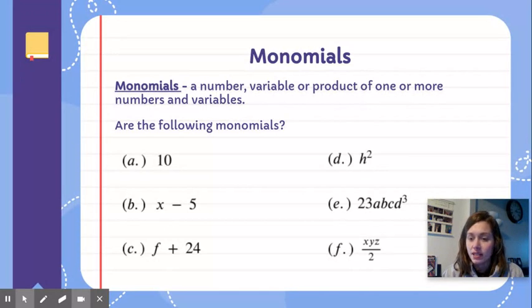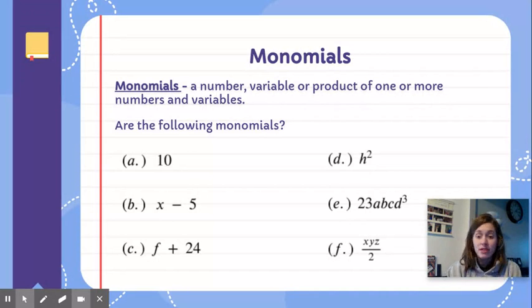If we see addition or subtraction, that's where we no longer have a monomial. It's the addition and subtraction that breaks our monomials apart. And that's where we end up with a polynomial, many monomials. Okay, so we can't have addition and we cannot have subtraction in a monomial.